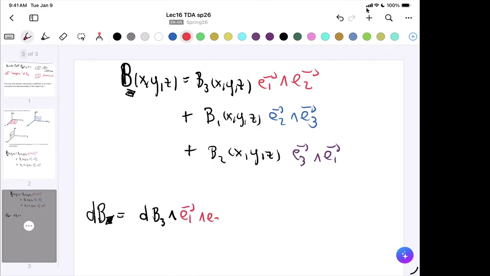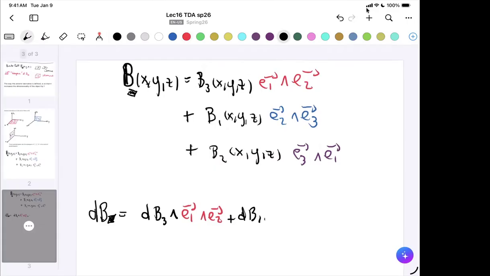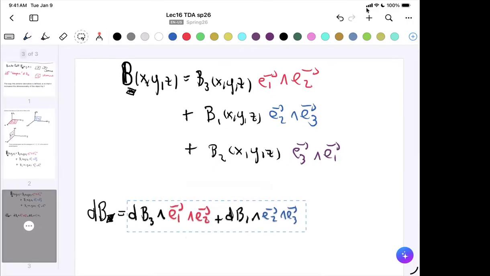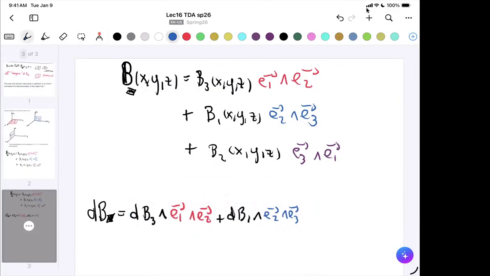So the derivative of the first coefficient wedge E1, E2, plus the derivative of the second coefficient wedge E2, E3, plus the derivative of the last coefficient wedge E3, E1.